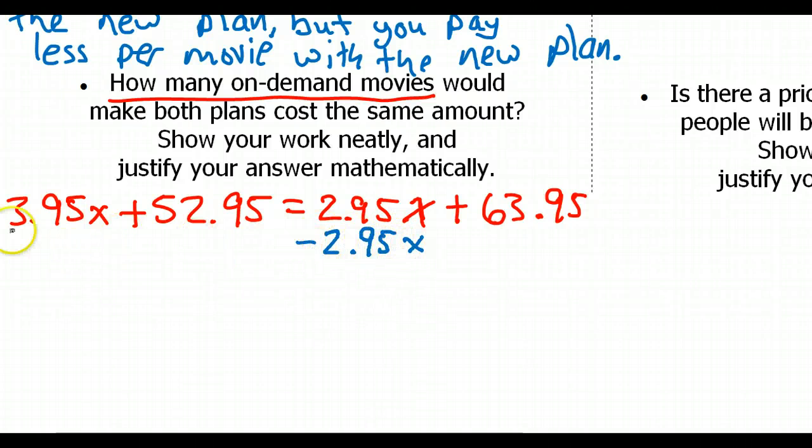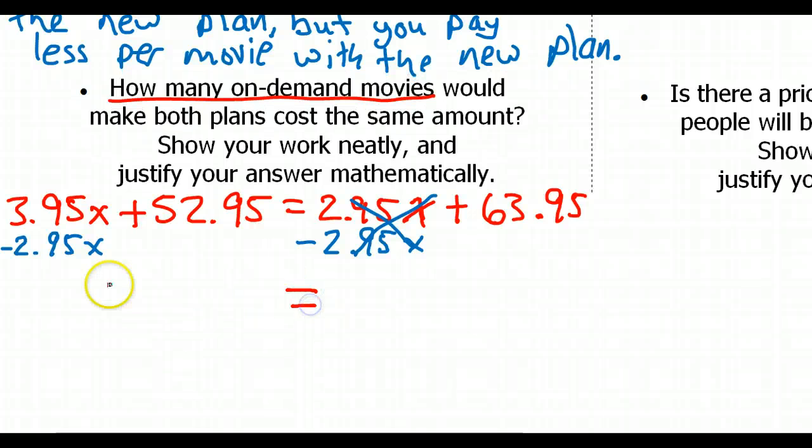So minus 2.95x from both sides. Alright, that way these will cancel each other out. Okay, I'm going to bring down my equal sign. Alright, 3.95 minus 2.95, well, that's a difference of $1. So this will be 1x, or simply just x.